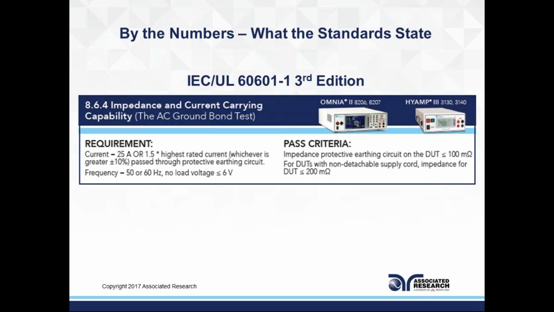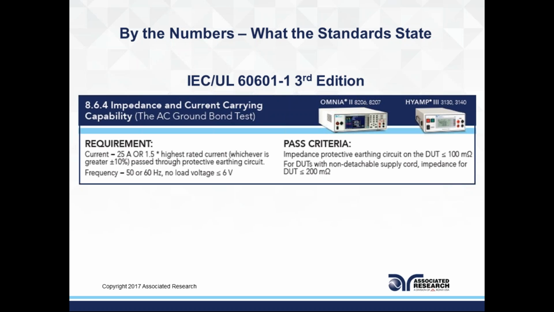What are the pass parameters or requirement to pass a product's ground circuit? The medical standard, which is really stringent on most of the electrical safety parts, requires that the impedance of the protective earth circuit on the device under test should be less than 100 milliohms. Again, we're talking about 0.1 ohms of resistance for your ground circuit.